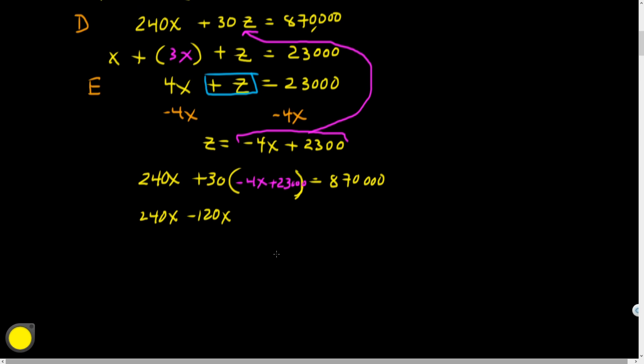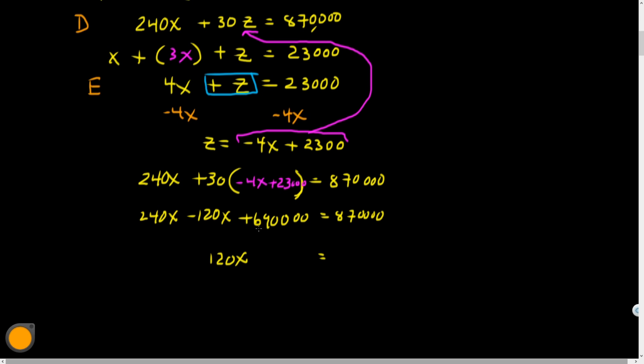Now 30 times 23,000 is plus 690,000 equals 87 with 4 zeros. Okay. All right. Now I get the 120x.